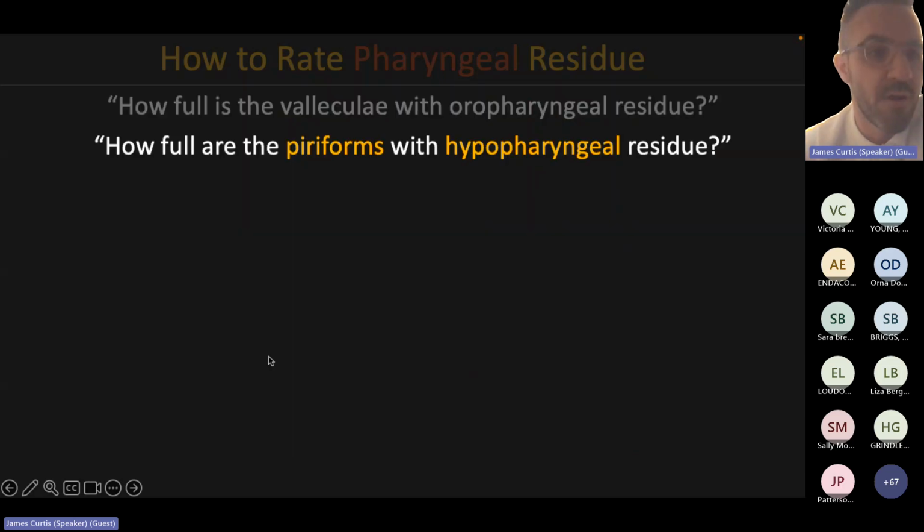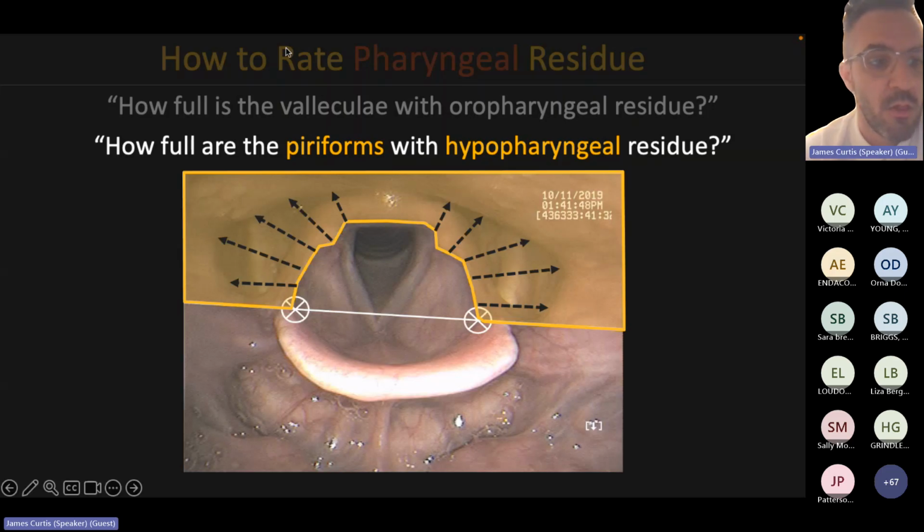If we did the hypopharynx, then the question is, how full are the piriforms with hypopharyngeal residue? We do the same thing. Look at anything in the yellow shaded region, understanding that some of that's probably oropharynx. Put it all into that 3-dimensional piriform space and ask your question, how full are the piriforms with any residue that was in the hypopharynx?